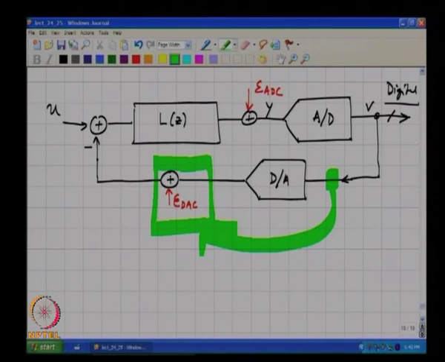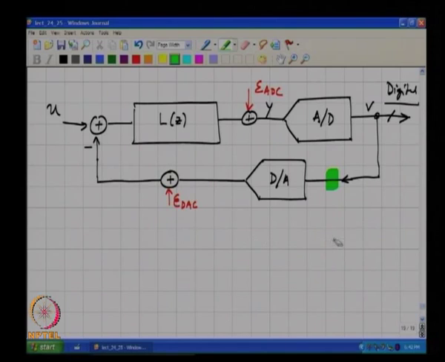All right. Similarly, the thresholds of the A to D converter are not ideal, and you can therefore think of this as some kind of error waveform which is a function of the input, right. Okay.